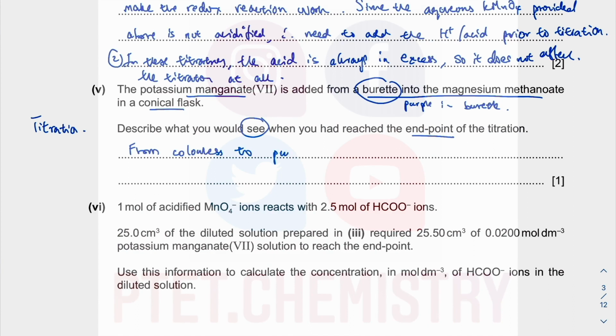to purple, because what would you see in the conical flask? They don't ask you to explain, but essentially at the end of your reaction, you have the excess KMnO4 that will make it purple in the conical flask.